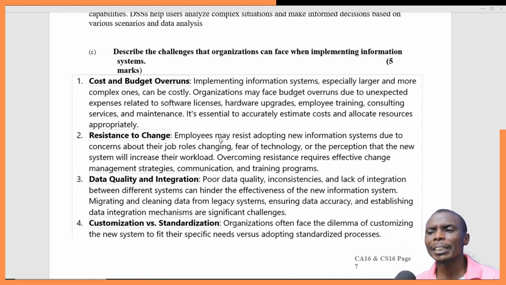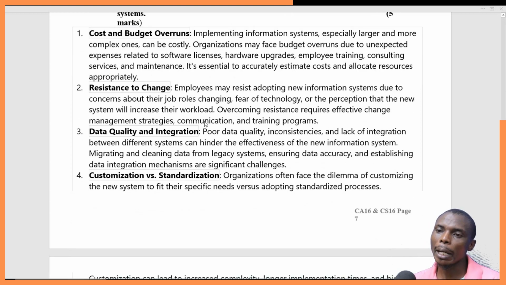Overcoming such resistance will require effective change management strategies. You must communicate well, and they need to be trained well so that they get to know the benefits of the systems that are coming in. Again, we have data quality and integration. Sometimes the system comes along, but the quality is not guaranteed.